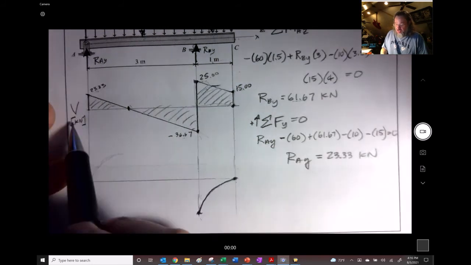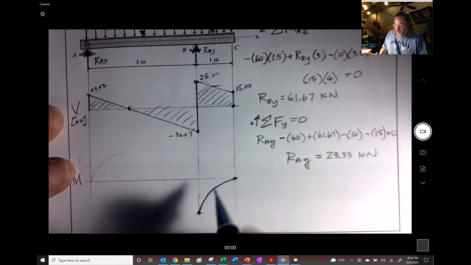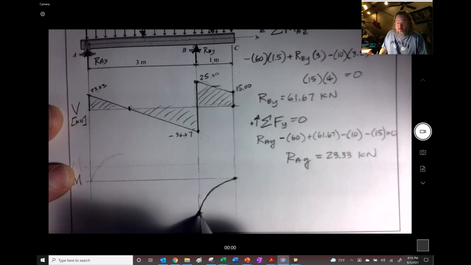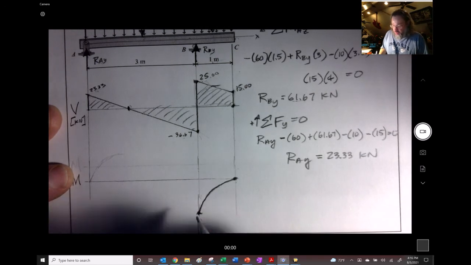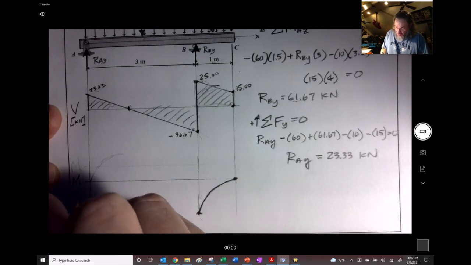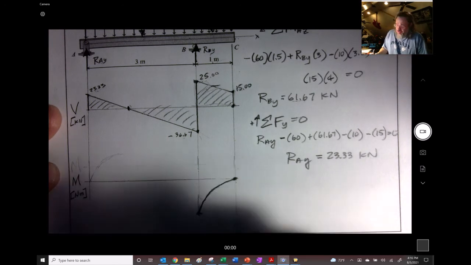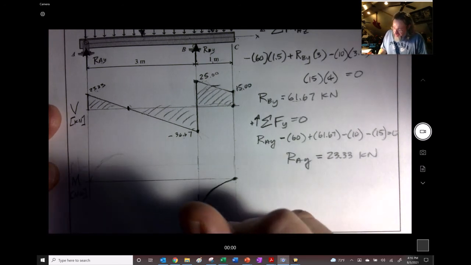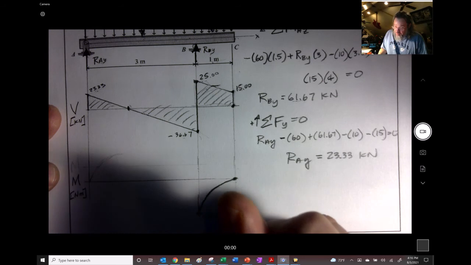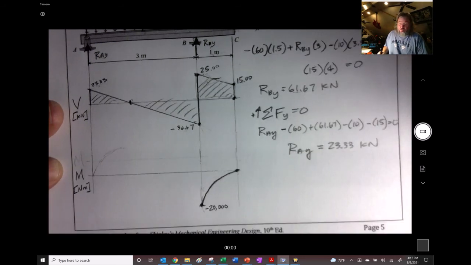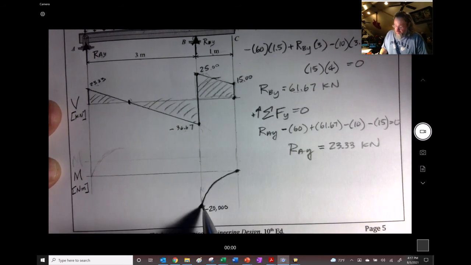Now these are kilonewtons and these are meters. So the answer to this value right here is actually going to be 20,000 Newton meters. I think it's better to put the Newton meters in there instead of the kilonewton meters. All right, you can. It's not going to hurt anything. So I'm going to go negative 20,000 Newton meters is going to take place right there.